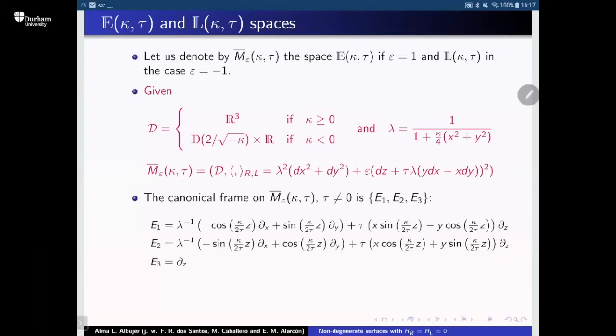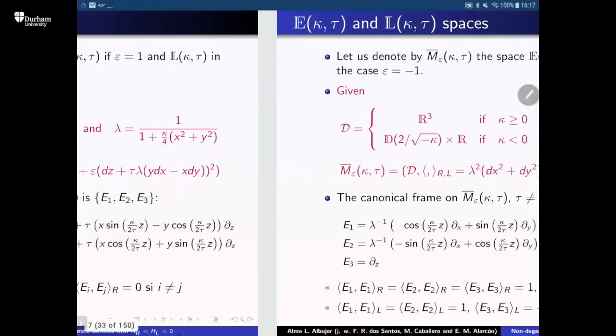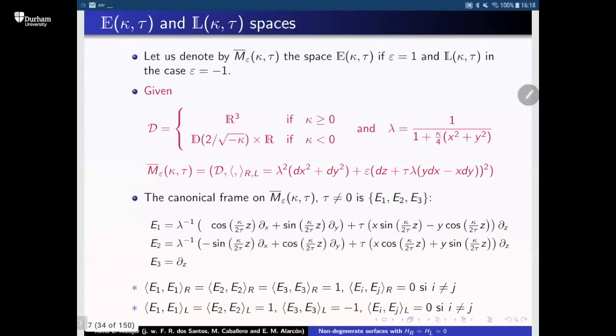But observe that in any case E3 is well defined as partial derivative with respect to t. Such canonical frame is orthonormal both with respect to the Riemannian metric and with respect to the Lorentzian metric. In the Lorentzian case, E3 is going to be timelike, but the frame is orthonormal with respect to both metrics.